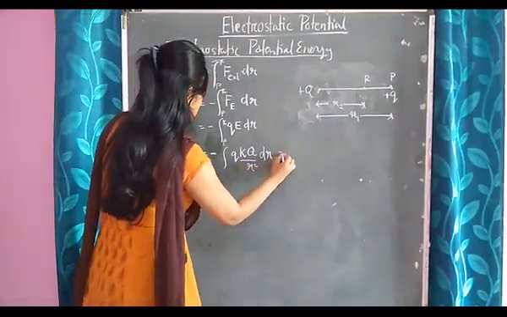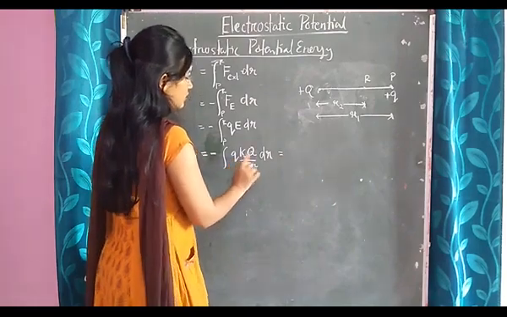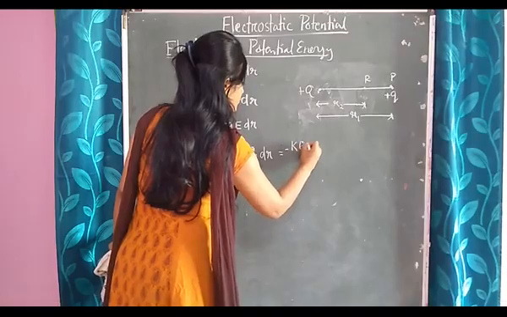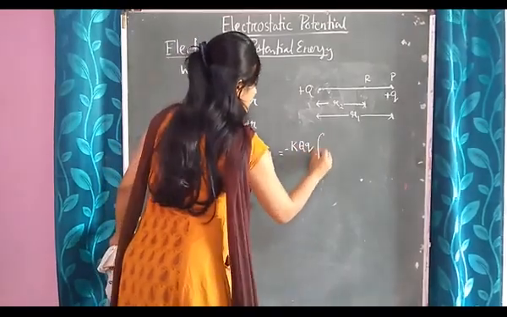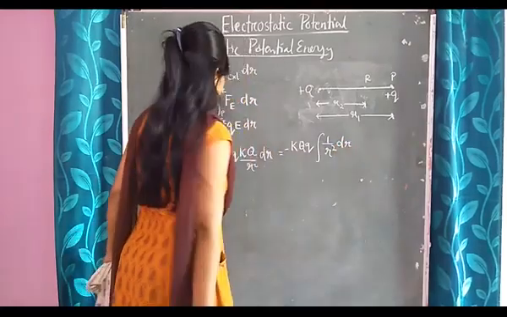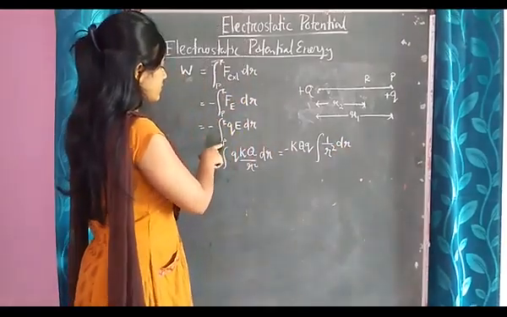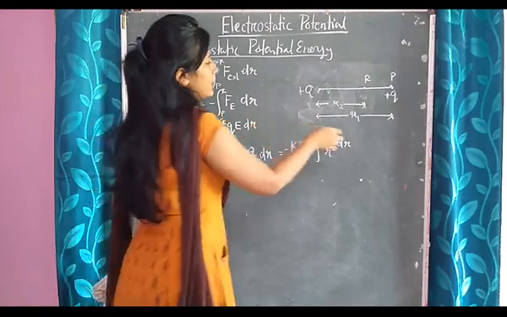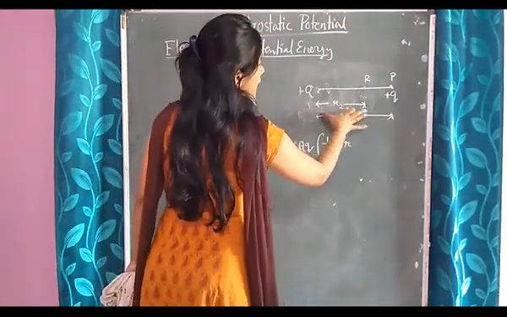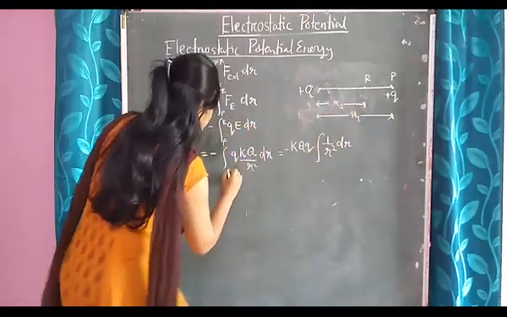So now I will take common this one, minus of KQQ and integration of 1 by R square dr. And since it is from P to R, that means for dr limit we will put R1 to R2.